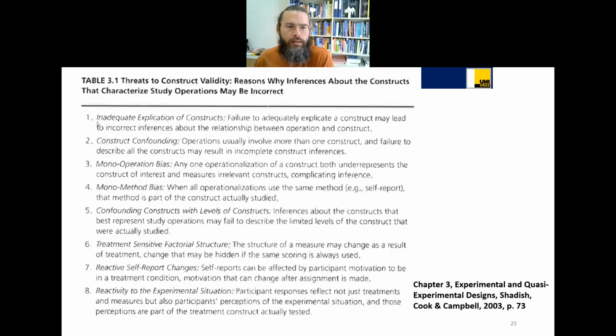So one problem is when the explication of the constructs, their definition, is not adequate. And we see this problem in psychology again and again, that there are several highly similar constructs with different names, but they measure more or less the same thing. You may agree with me that self-concept and locus of control and self-efficacy are closely related constructs.